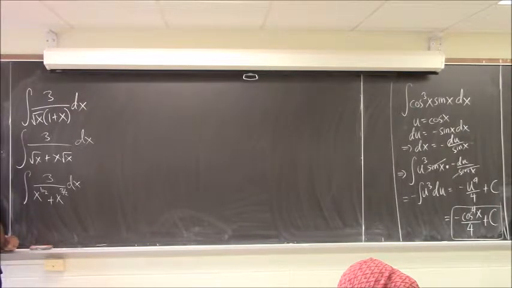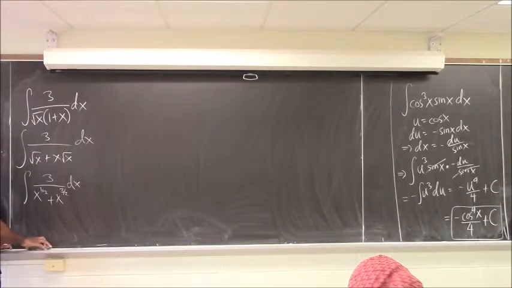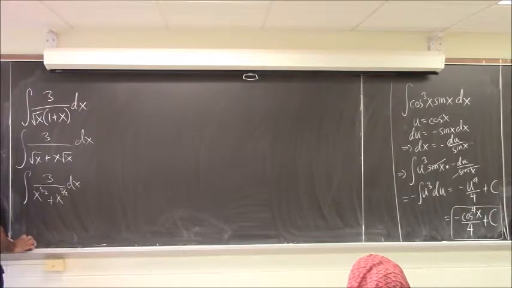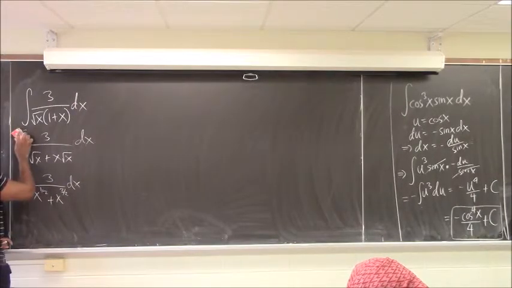Factor out something else, you'd end up with a negative power. If you factor out the x to the 3/2, you'd end up with a negative power over here. Let's see. I don't see how this helps. Other ideas?